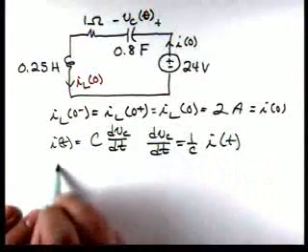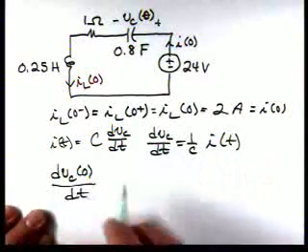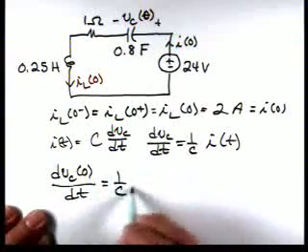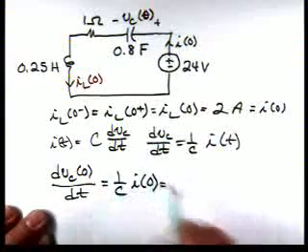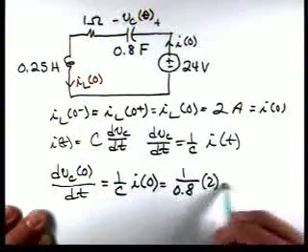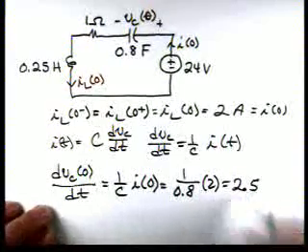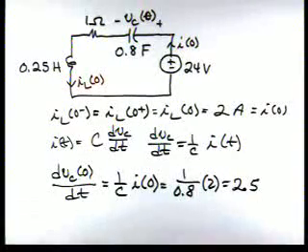So then the value of the capacitor voltage derivative at t equals 0 is 1 over C times I of 0. So that's 1 over 0.8 times 2 is 2.5. Okay. So there is the value of the derivative of the capacitor voltage at t equals 0.